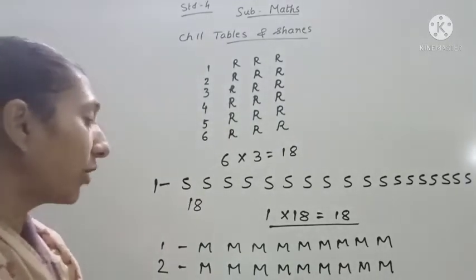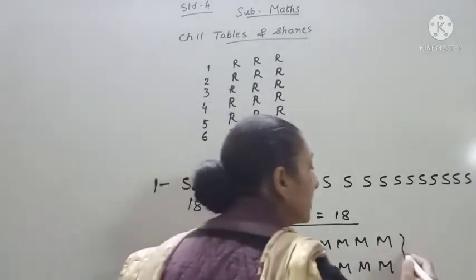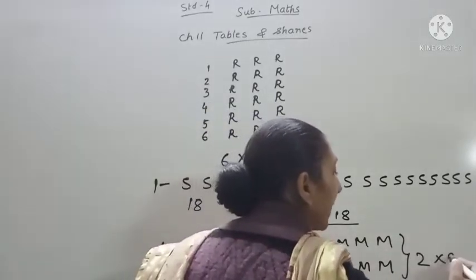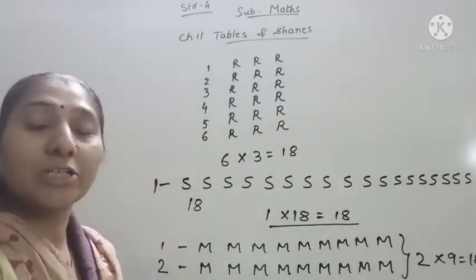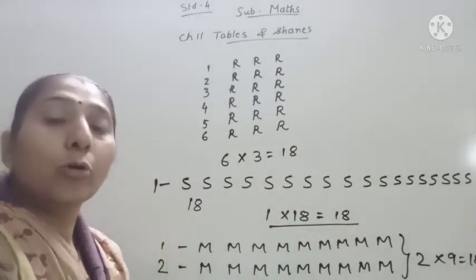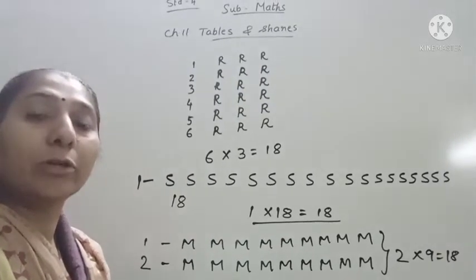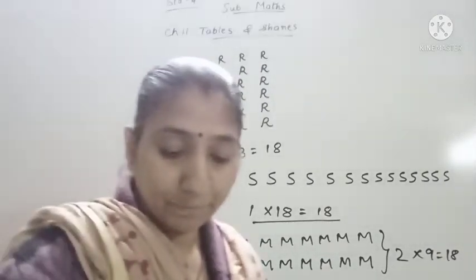So what is the arrangement for marigold? Her arrangement is 2 multiplied by 9 is equal to 18.